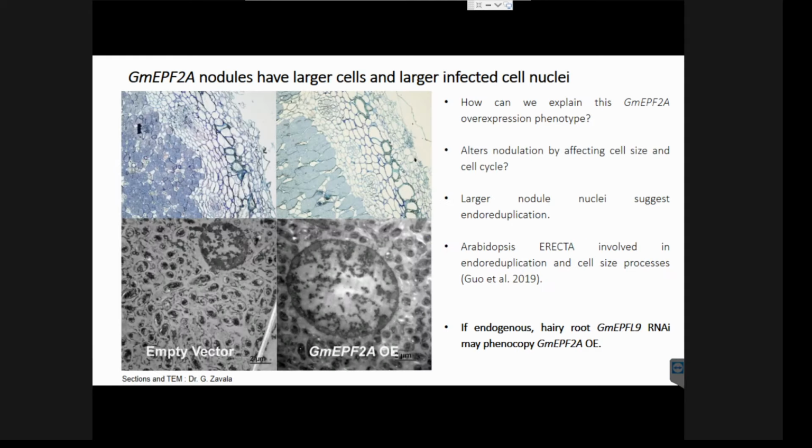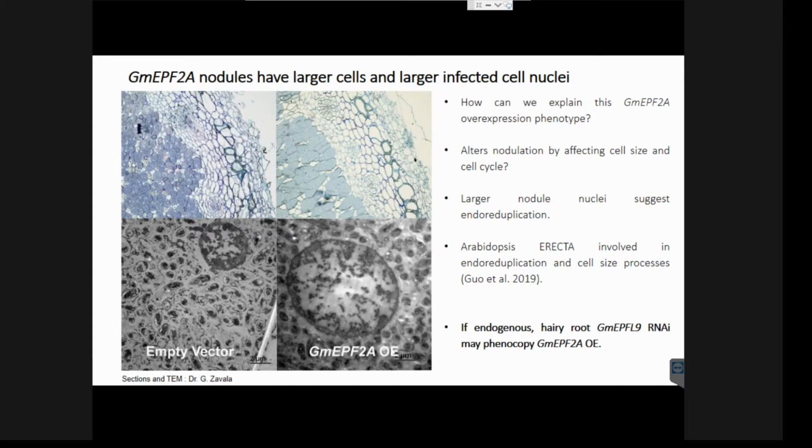But if you cut into these nodules, and this is an empty vector nodule here on your left, and here's an EPF2 overexpressing nodule on your right, you can see that this is inside one of these infected cells. Okay, so this is a TEM of this area in the nodule. And this is a nucleus of one of those infected cells.